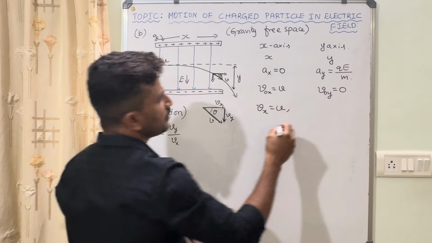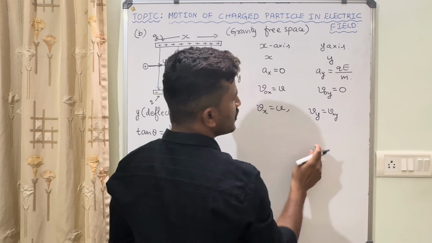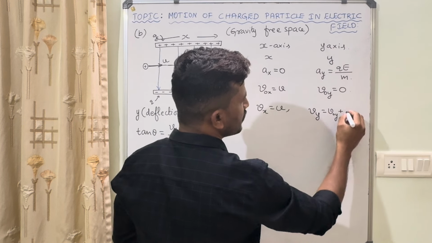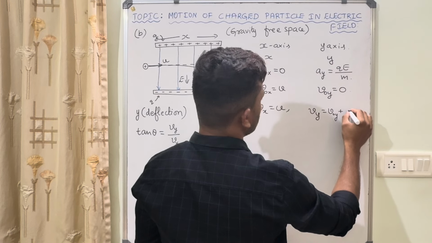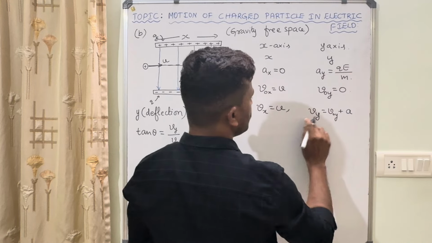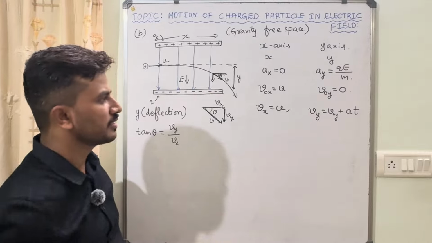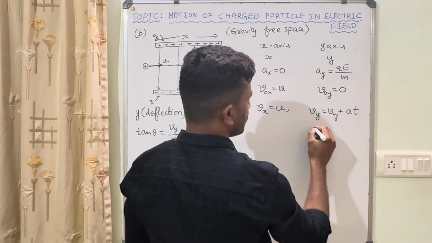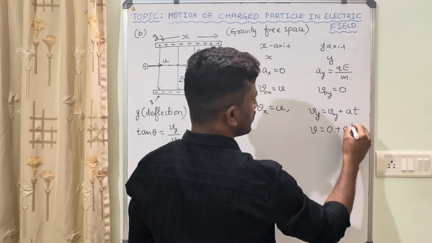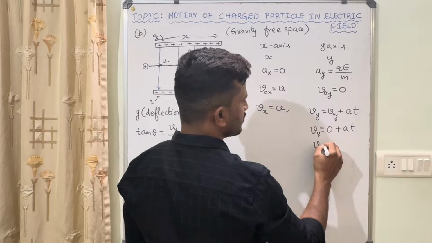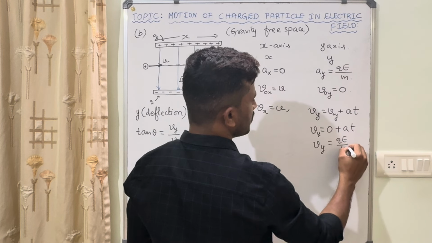But vertically, you need to consider Vy equal to the initial velocity along the y-axis plus at. What is that? V is equal to u plus at. So V is equal to, since the initial velocity is 0, a into t. What is the acceleration? Velocity along the y-axis is equal to QE by m into t.